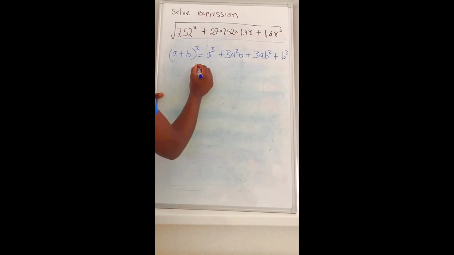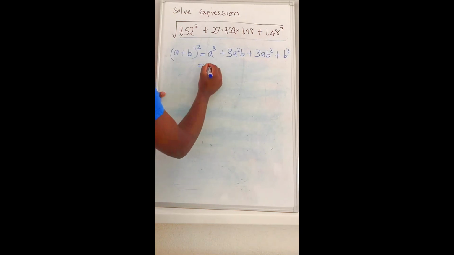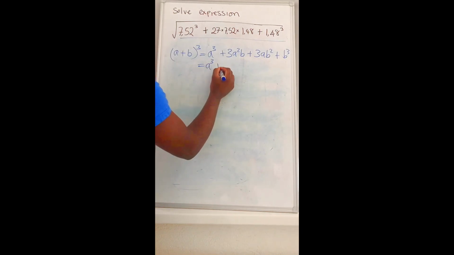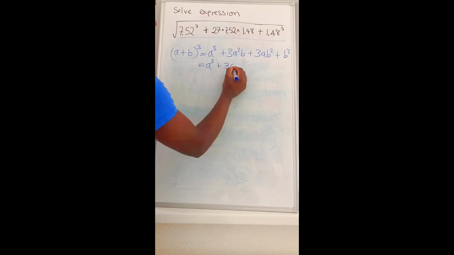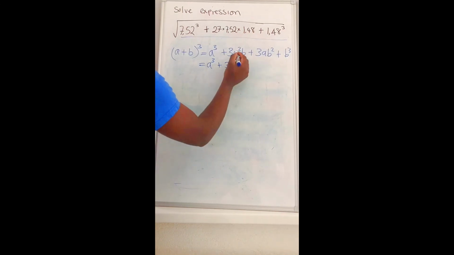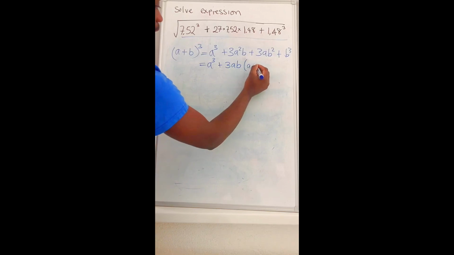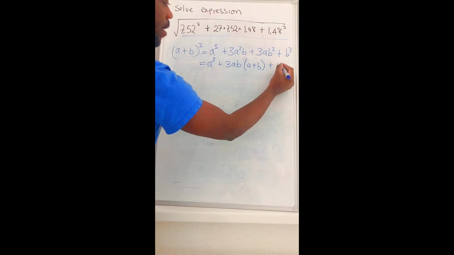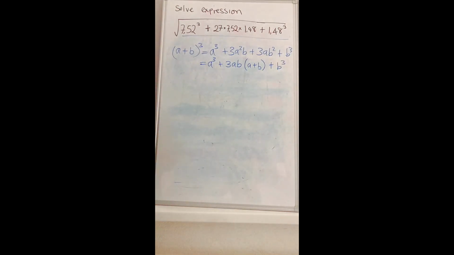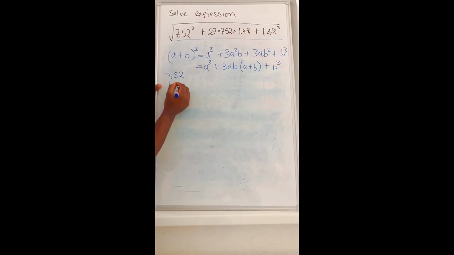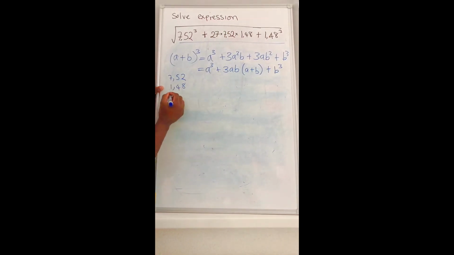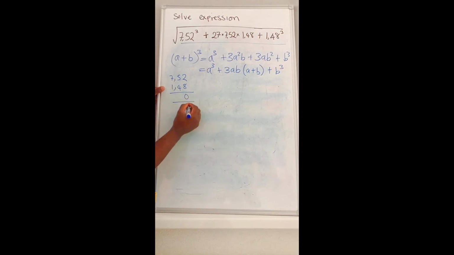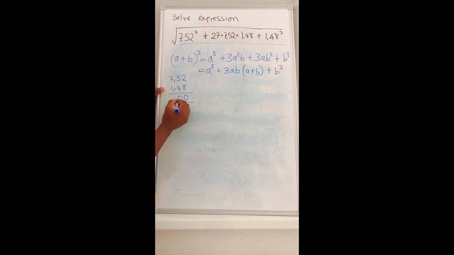Okay, when you factorize this one, you have a cubed plus 3ab. Here, since you had a squared, you remain with a plus, here you had b squared b. Then plus b cubed. So when you add 7.52 and 1.48, when you add this one, you get 9.00.